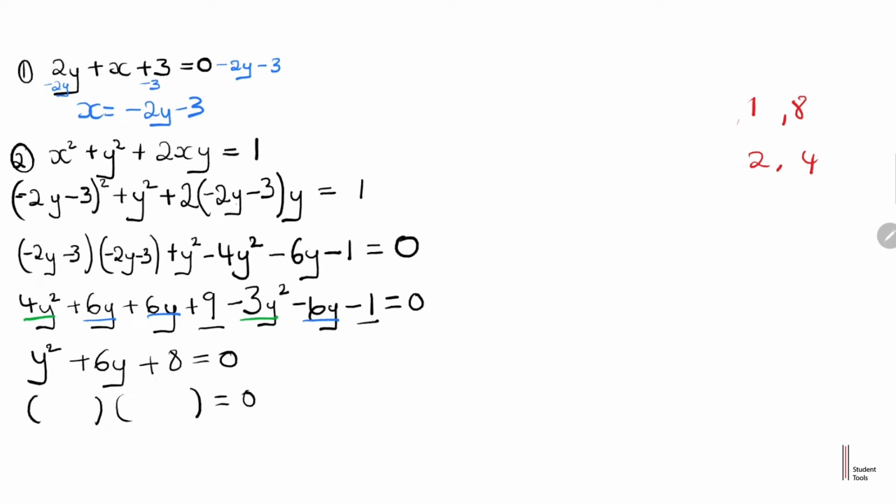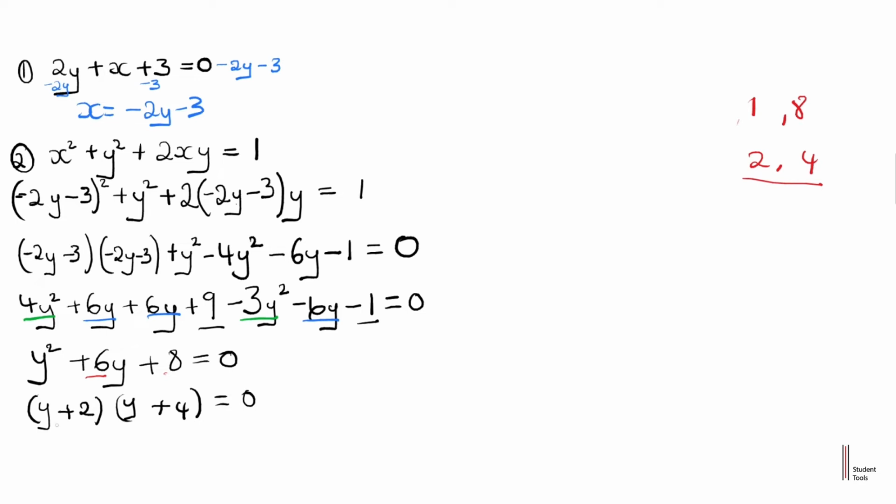So which pair can we use? We can use this pair. Why? Because when you multiply 2 and 4, you get a positive 8. But also when you add 2 and 4, that's a positive 6. So here we will have our y, and here we have the two factors, the plus 2 and the plus 4.